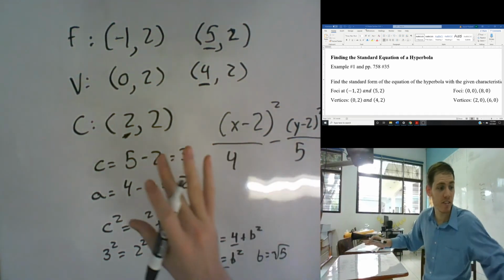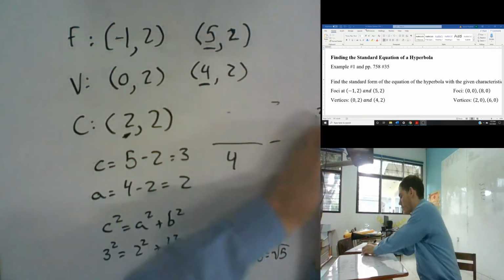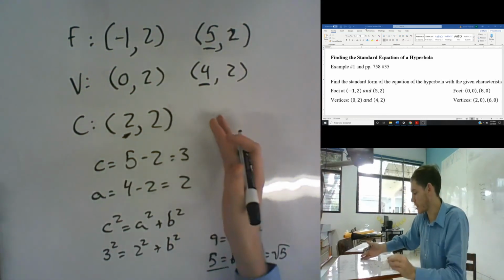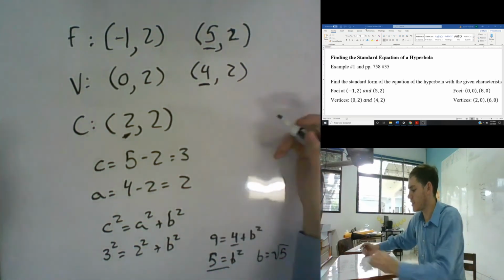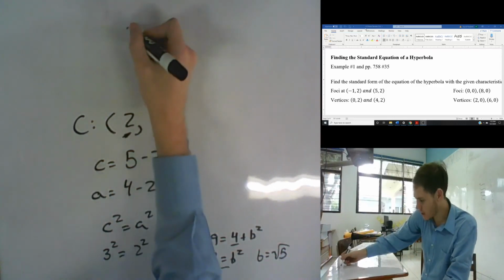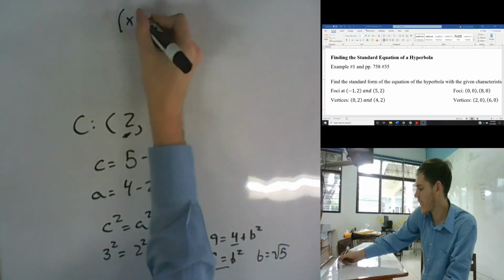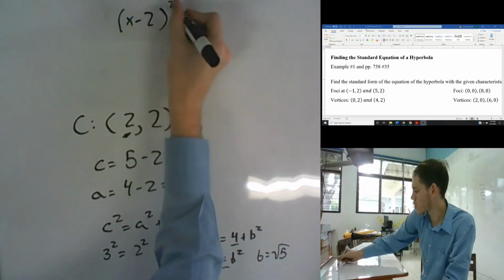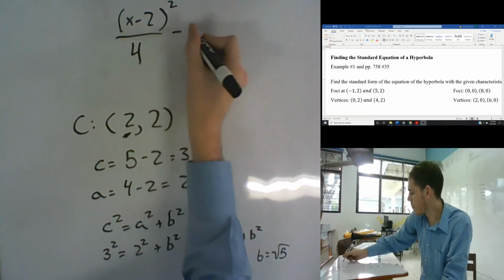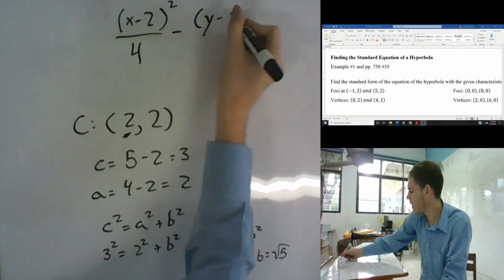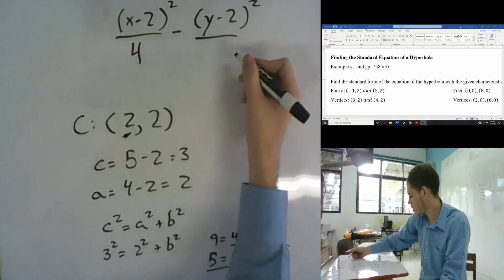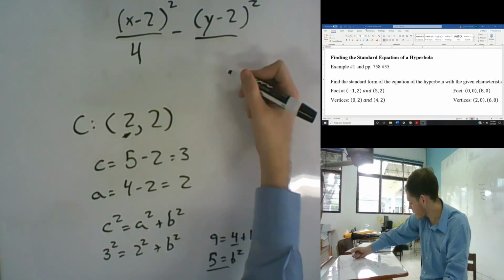Sorry, I'm going to rewrite this in a different section. My apologies. I thought I had enough space. Clearly I don't, so I'm going to take out our foci and our vertices. So we get x minus 2 squared over 4 minus y minus 2 squared over, sorry, why is b bigger than a?